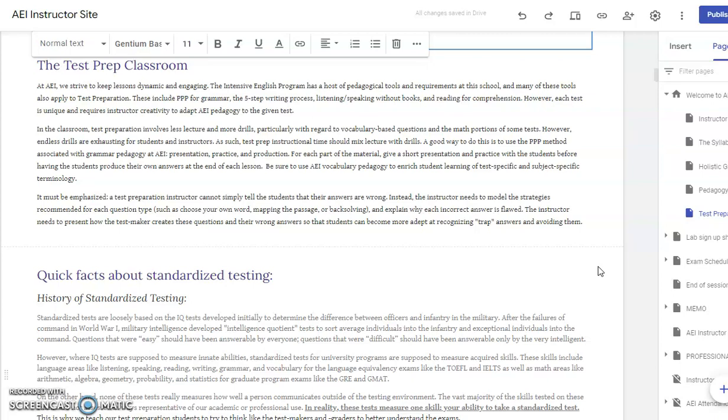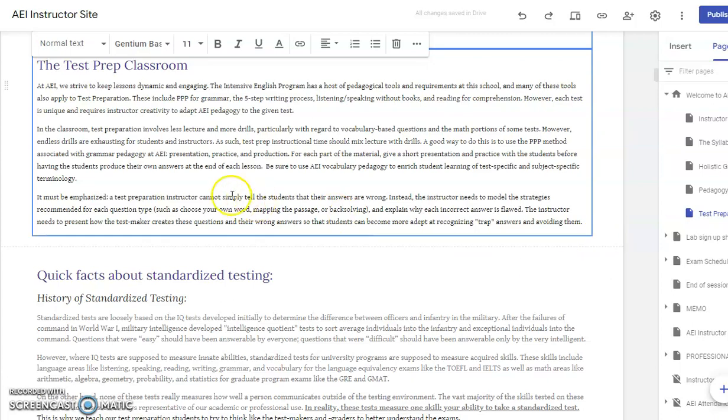First, presentation: you present the material in about 10 to 15 minutes, and then you have the students practice together for about 20 minutes or so. Finally, have the students produce their own lessons individually or in large groups for the end of every hour. Be sure to use AEI vocabulary pedagogy to enrich student learning of test specific and subject specific terminology using Quizlet.